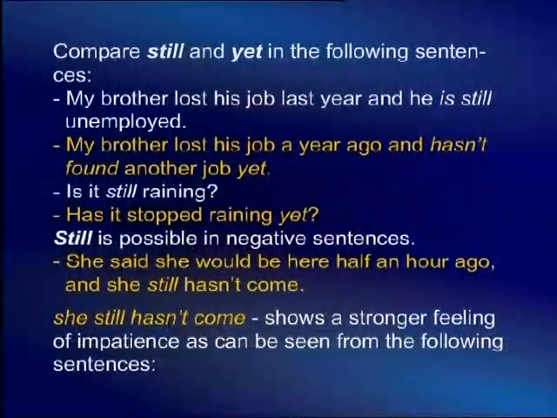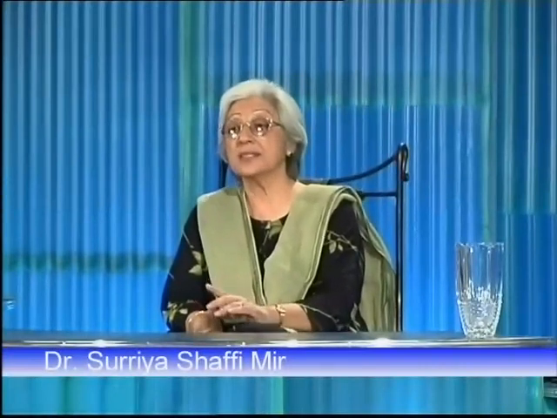Now, "still" is possible in negative sentences. For example, "She said she would be here half an hour ago and she still hasn't come." Over there, "she still hasn't come" shows a stronger feeling of impatience, as can be seen from the following sentences.